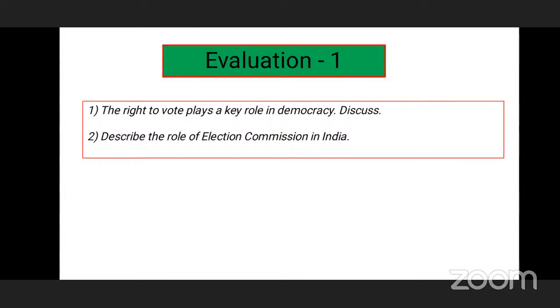Two: describe the role of the Election Commission of India. What is the role of the Election Commission of India? The Election Commission first prepares electoral rolls and releases schedules. Okay, students, thank you.